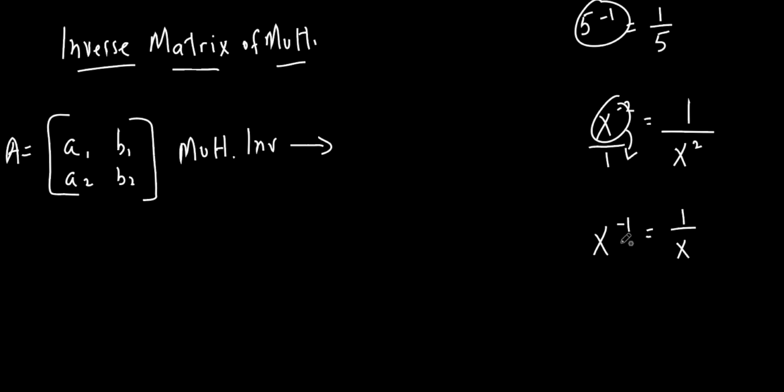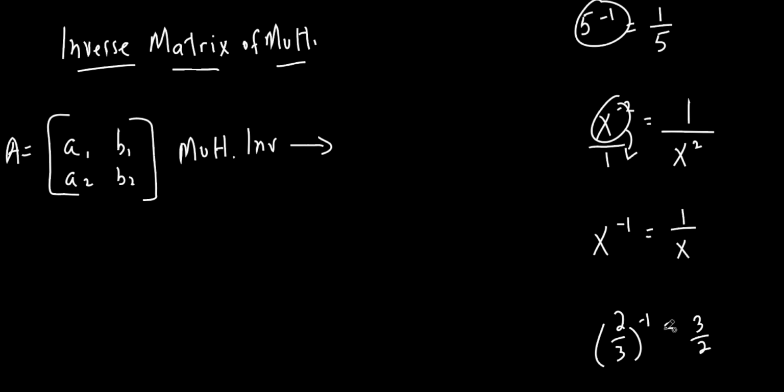Do you see that? So when I see something to the negative first power, it just means the inverse of it, the reciprocal of it. All right? That's what it means. Even if I had like 2/3 to the negative first, what does that mean? That means I'm finding the what? The reciprocal of this. What's the reciprocal of 2/3? It's 3 over 2. Okay?